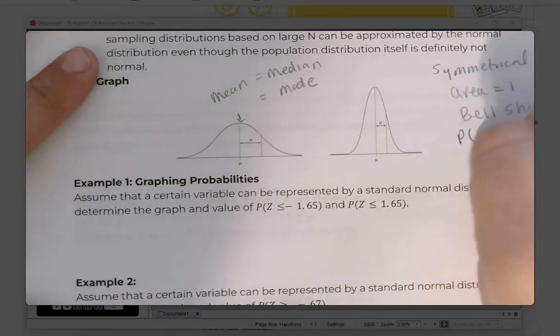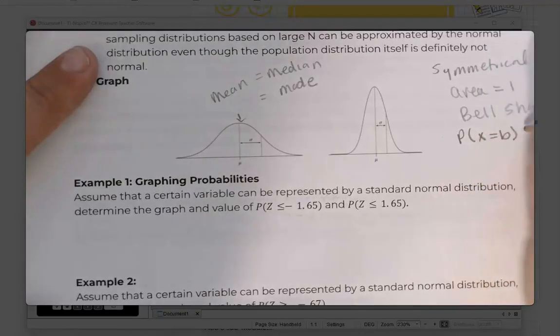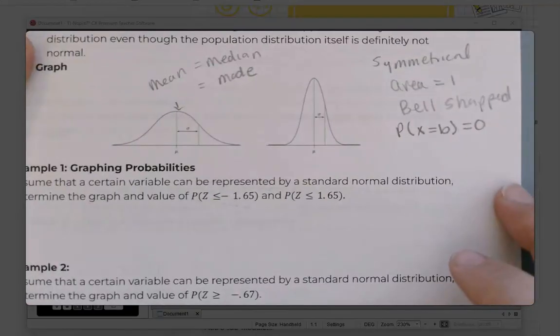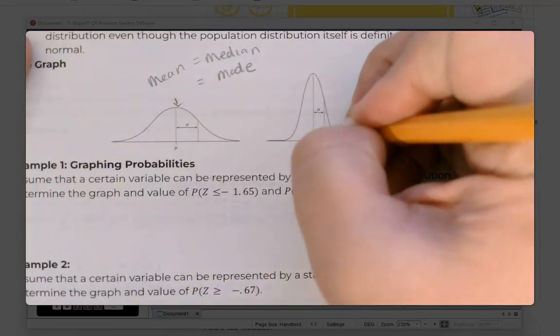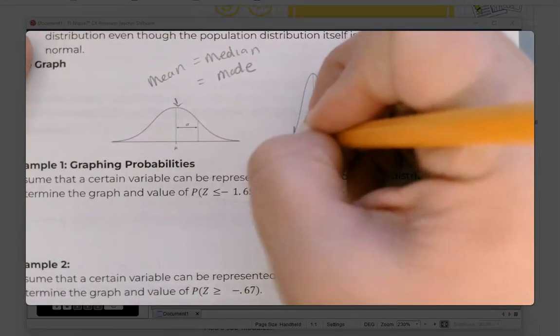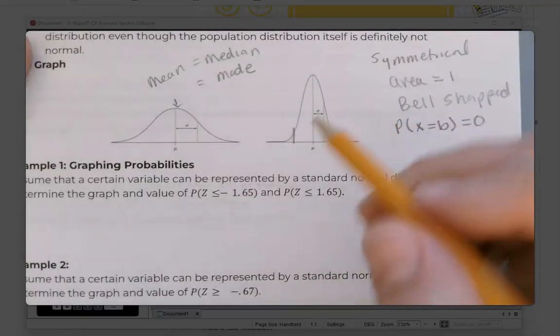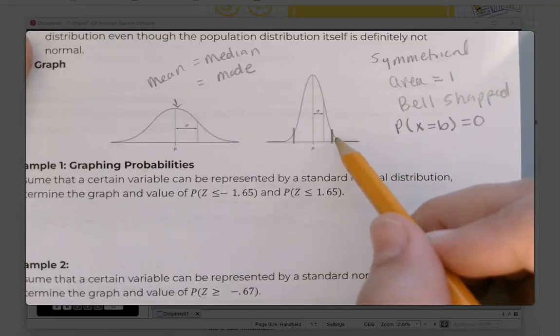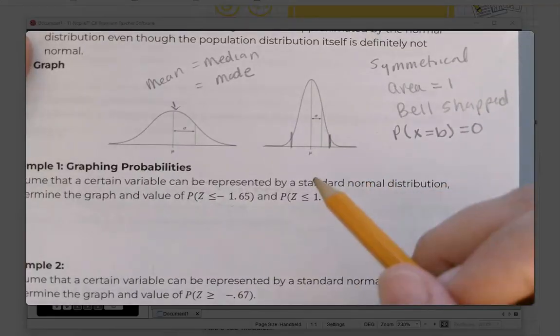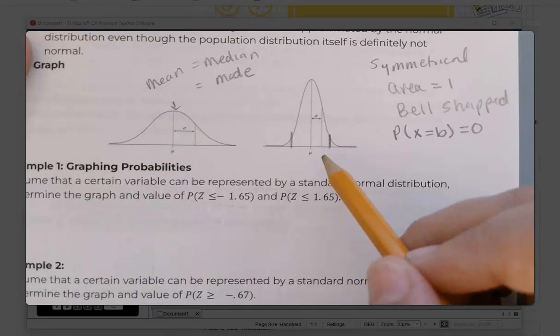Again, though, if you're looking for the probability of a certain number, it's 0. So the probability of a single piece of information is 0, just like in our uniform, because this is continuous. Now, sometimes I'll say things like right-tailed, left-tailed. That's because we can look for the number of people that fall within this small area and use that to make predictions about the larger population.